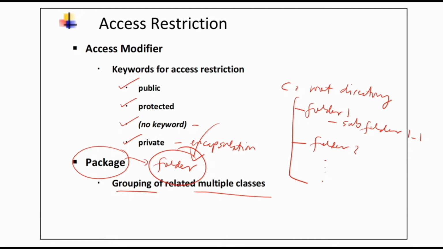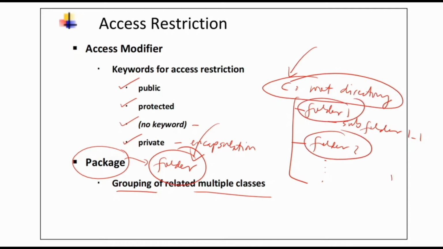So just like in the Windows Explorer, where instead of having all of your files stored in the root directory, you could create folders where you could store related files. Like for example, if this folder 2 is named movies, then this is the folder where you're going to store all your movie files or your video files.